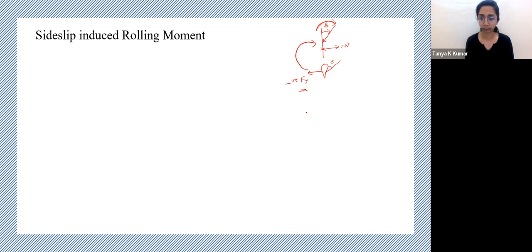This is from the top view. Just draw the side view. So this is your vertical stabilizer, vertical tail, which causes a force in this direction, right? This is your negative Fy. Can you try to see how it would introduce a rolling moment?